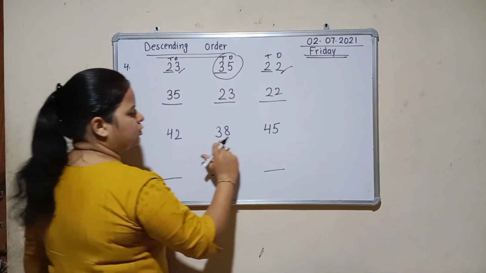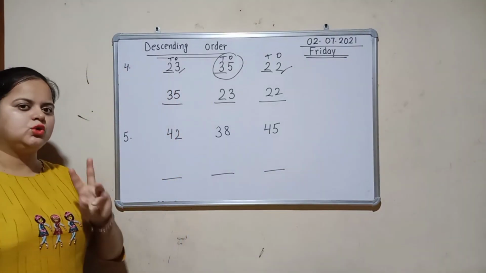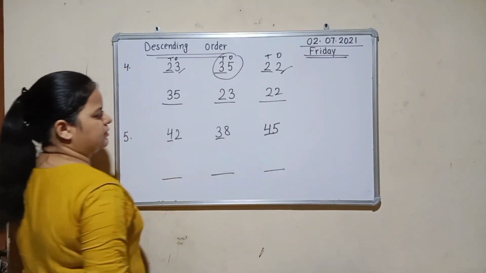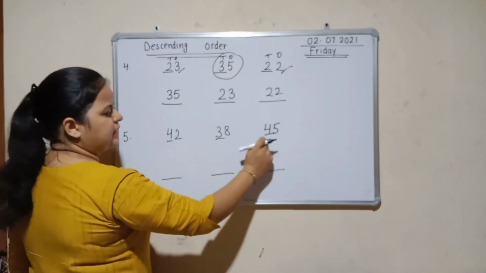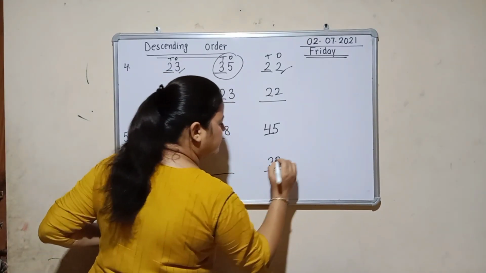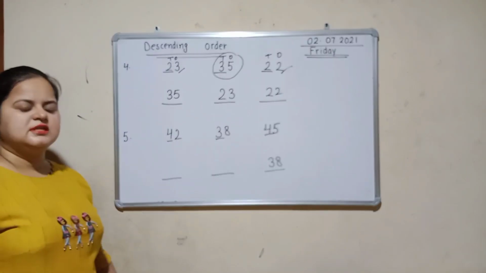Next is 42, 38, 45. Again we have three 2-digit numbers, 4, 3 and 4. 3 is smaller than 4. So 38 is the smallest number. It will be in the last. 4 and 4, same numbers.